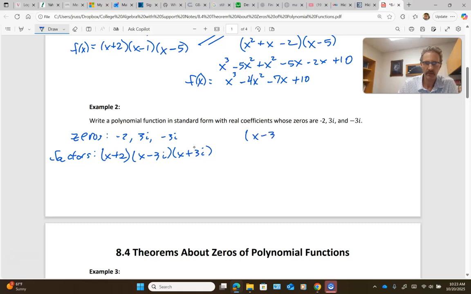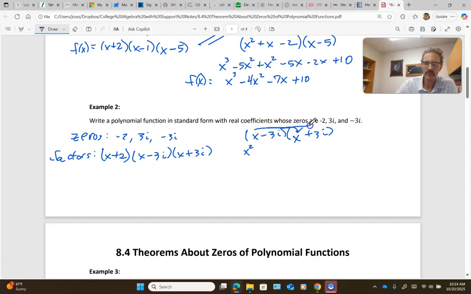And I'll show you why this is a better way. Because technically the order in which you multiply those factors doesn't matter. But multiplying these two together first will make this a little bit nicer, or cleaner.